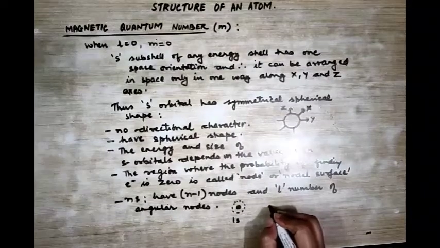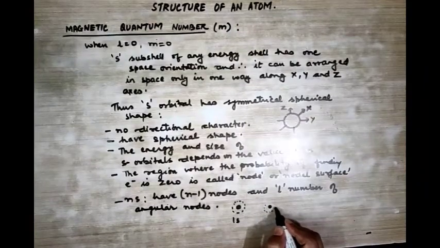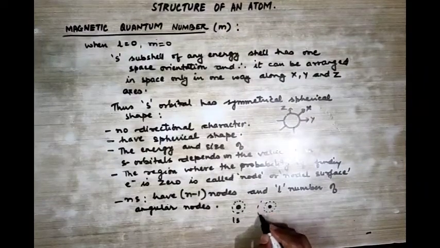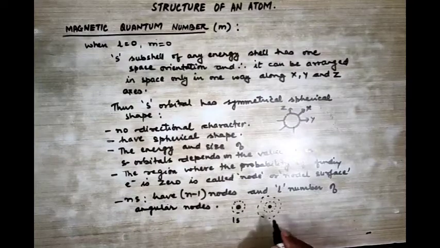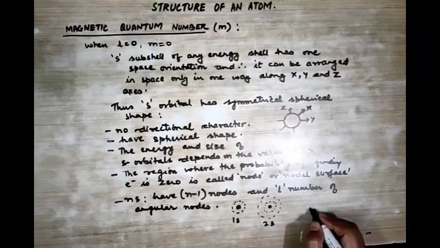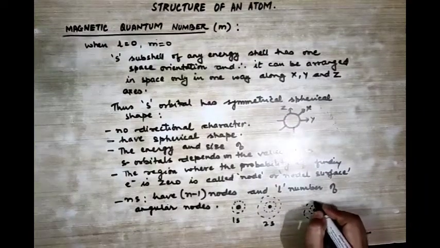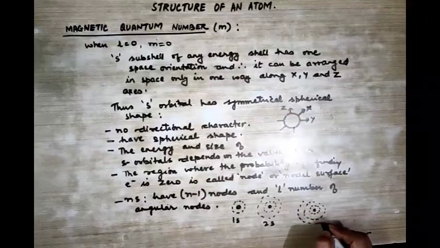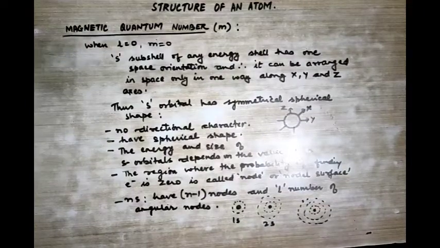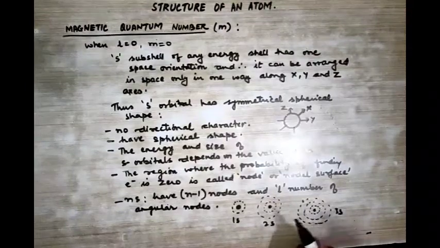Okay, then this is 2s. This is 3s. So where are the nodes?